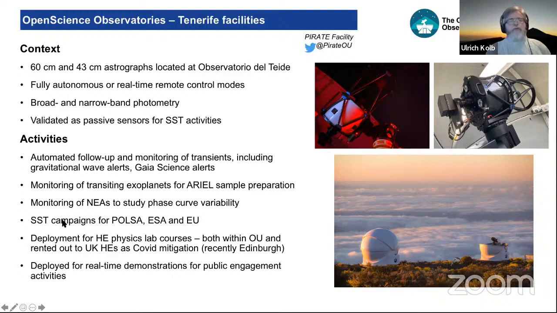We are also involved in satellite tracking and space surveying campaigns jointly with similar technologies, but prior to this, for other customers, in quotation marks. So we deal indirectly or directly with POLSA, ESA, and EU campaigns for certain periods, so we can track satellites to good effect.